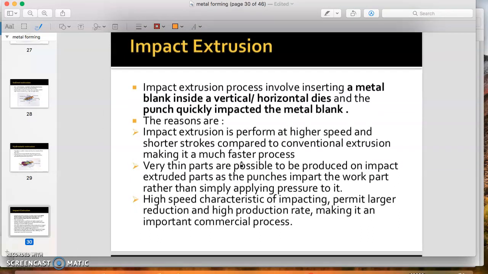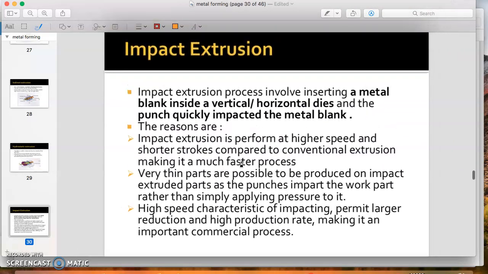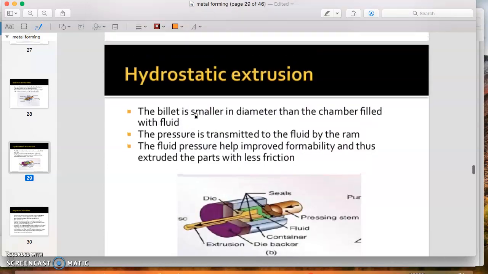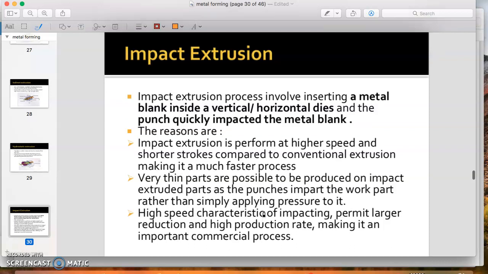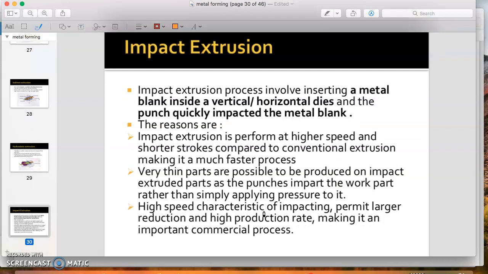For impact extrusion, impact means that we apply a very short time of force to the part. Unlike hydrostatic, direct and indirect extrusion, where the force is continuously applied to the workpiece, for impact extrusion we apply the force only once, and the impact occurs in a very short time.